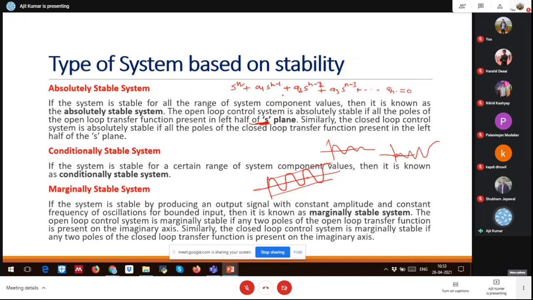So this is a general representation of the characteristic equation of nth order.